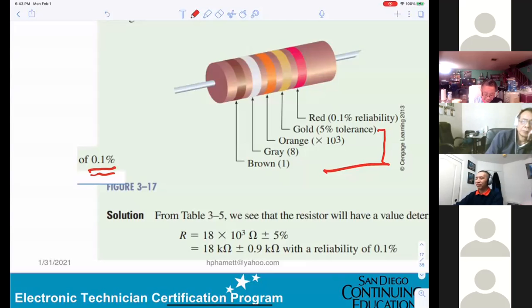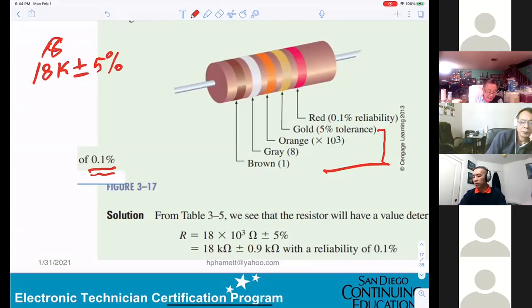Okay, just a 4-band. So you get 18K plus or minus 5%.